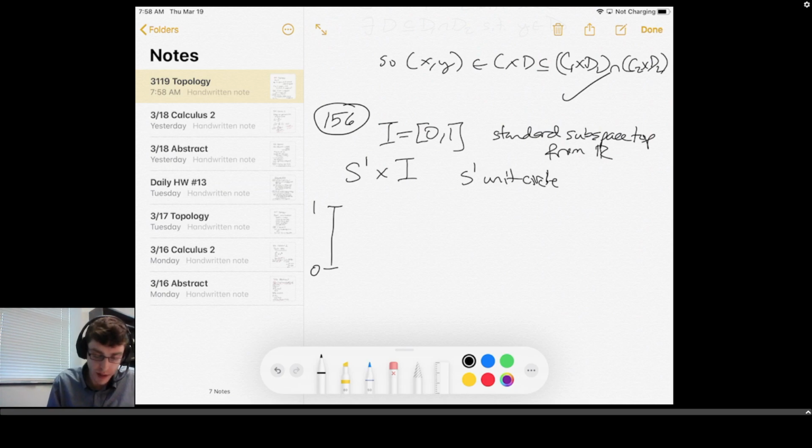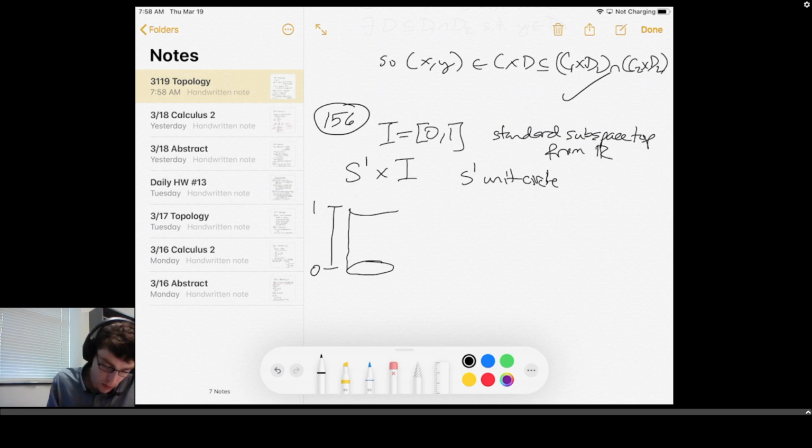Basically I just think of it vertically because I like drawing my cylinders vertically. So you just have a unit circle down here, and then you have the unit circle scanned all the way, right? You have a circle for every point on the line segment from 0 to 1. So you're just scanning it up. You have a line segment's worth of circles.